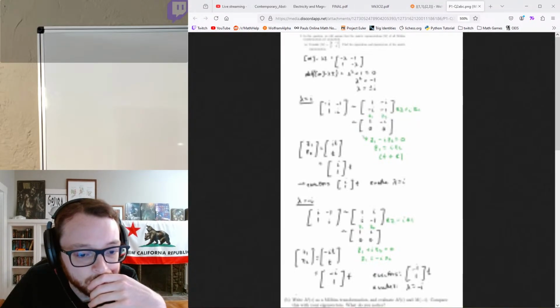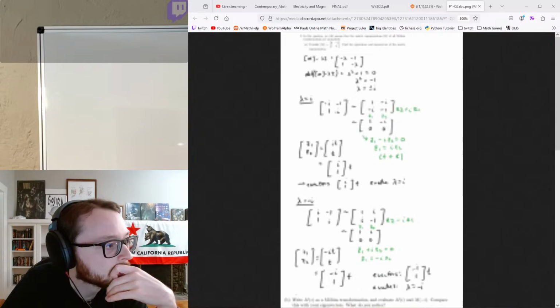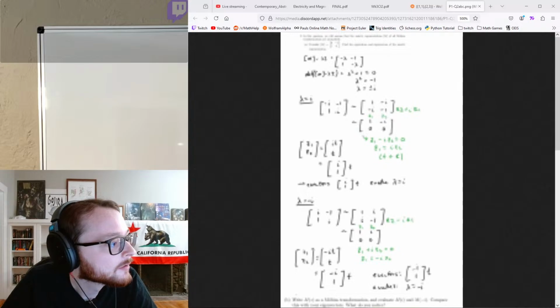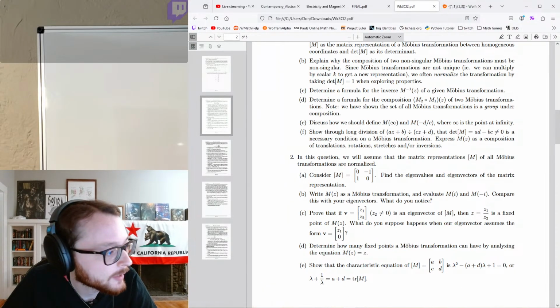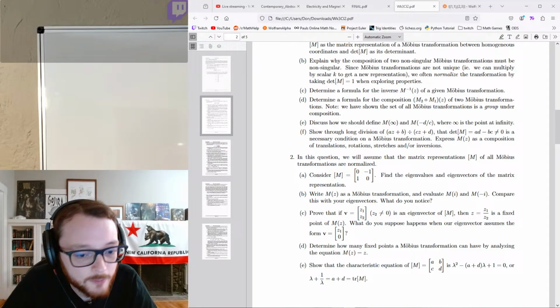It's not ideal. Oh wait, it's because of the way that I did it. That's weird. I haven't had that issue before with Discord images. It's fine though. Now I know. So it should be the very next image. No?